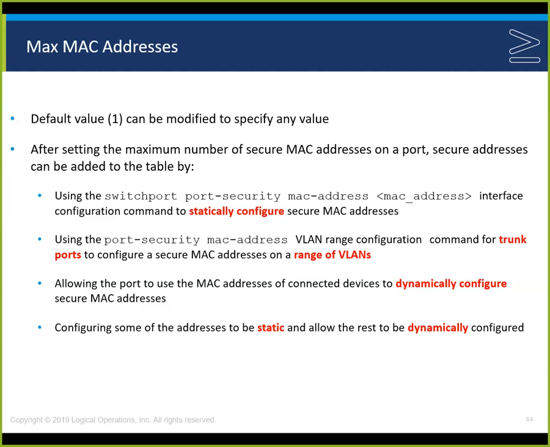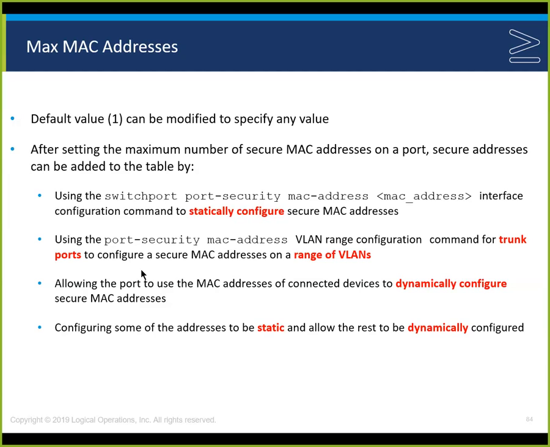Port security can use the MAC addresses of the connected devices to dynamically configure these things, and then the static allows us to reset the dynamically configured. A number of different ways, and all of this is how we are going to get the MAC addresses associated with the ports that are available.